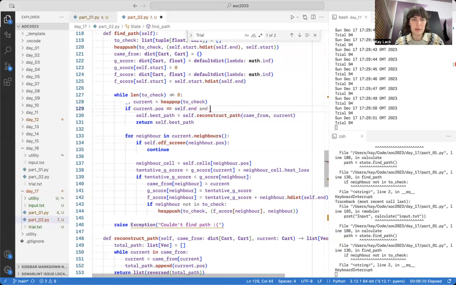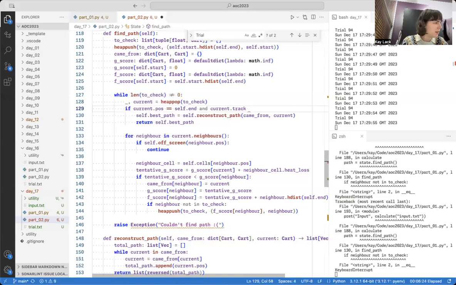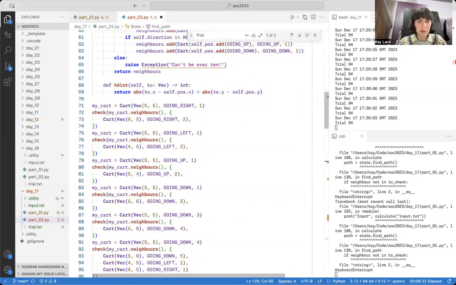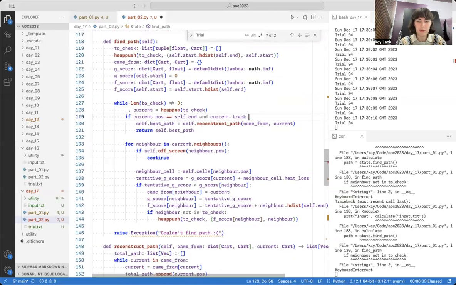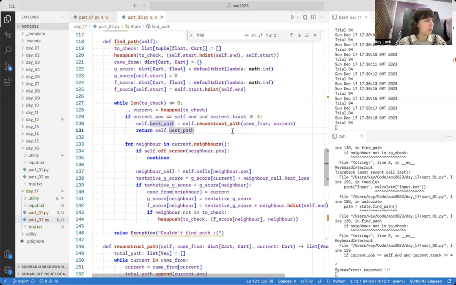Current track has to be four or above. Okay. Good.